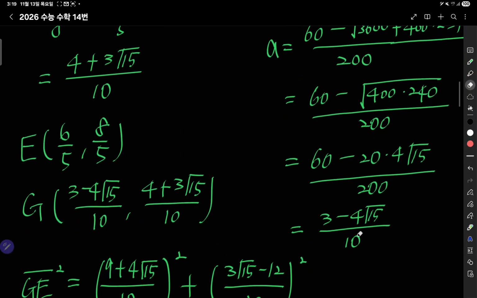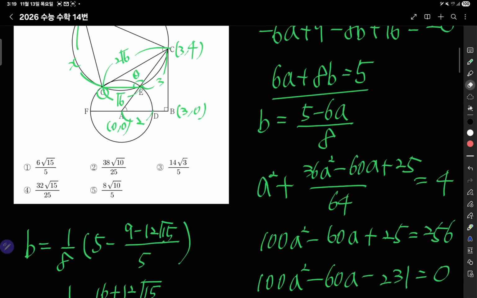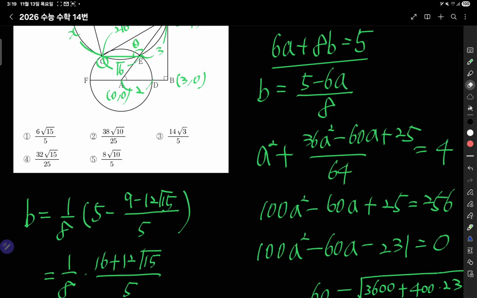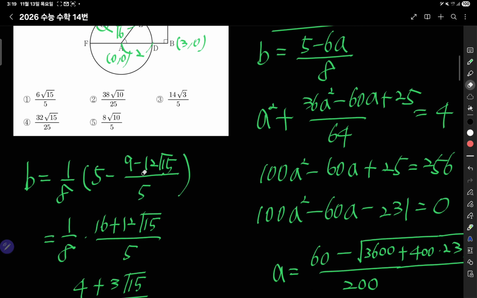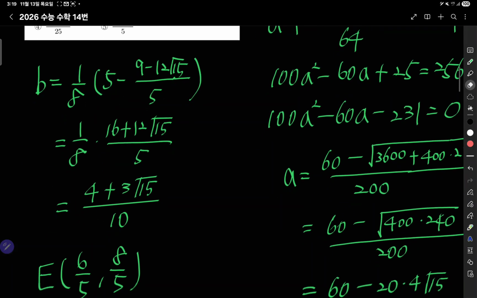So the value of A is (3 minus 4 times square root of 15) over 10. And then because B is (5 minus 6A) over 8, I'm putting in the value of A, and if we simplify this expression, we can also get the value of B.